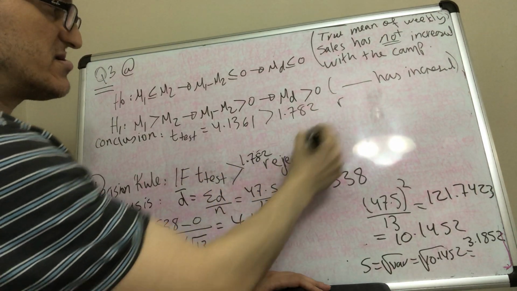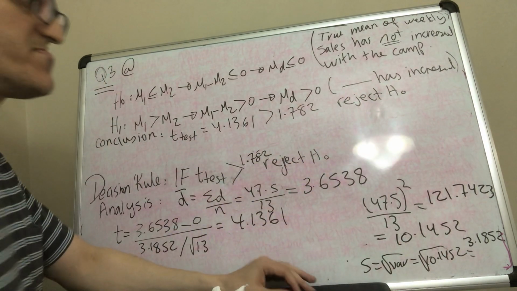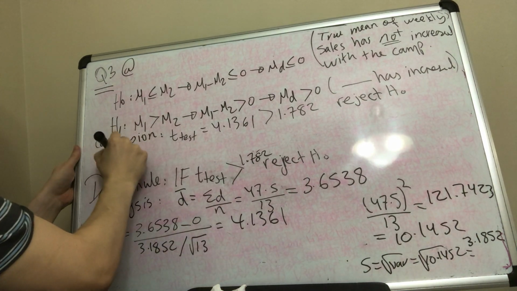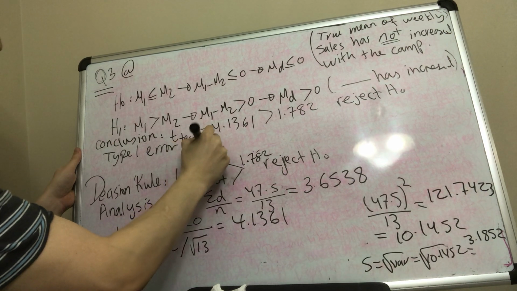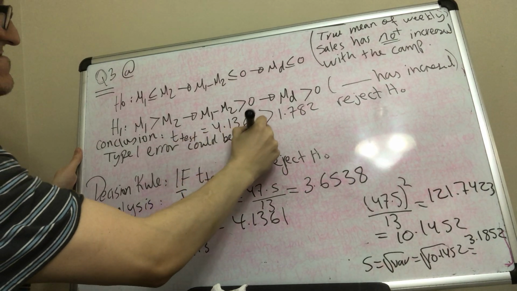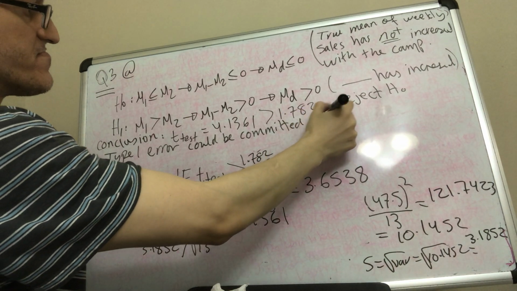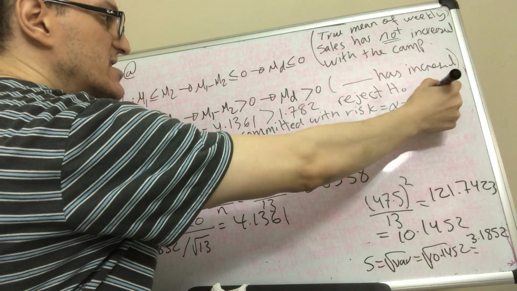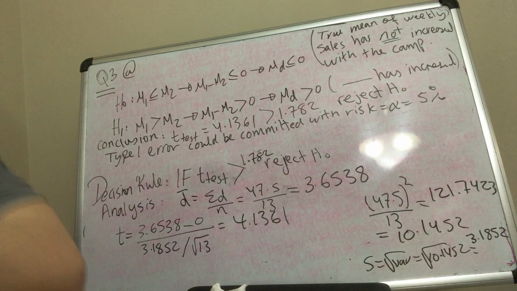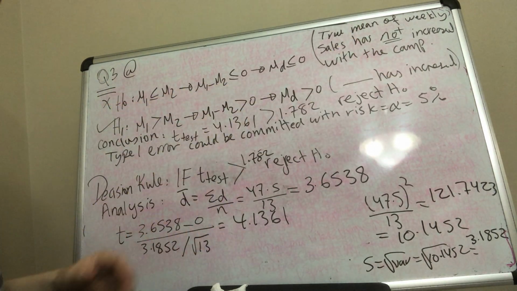So this condition is satisfied. You're going to reject H0. Anytime you're rejecting H0, type 1 error could be committed. And the risk of committing would be alpha, and that's 5%.